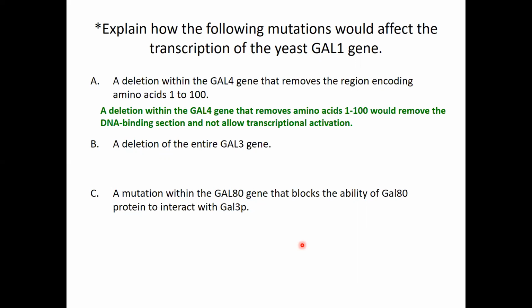A deletion within the gal4 gene that removes amino acids 1 to 100 would remove the DNA binding section and not allow transcriptional activation. So essentially, this removes that DNA binding section, the UAS binding region.